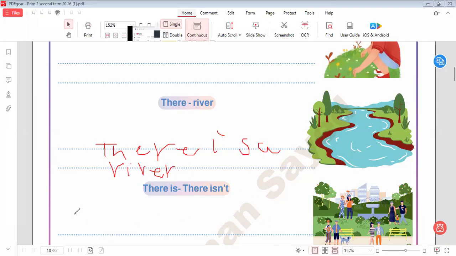So here we say there is a park. There is a park.